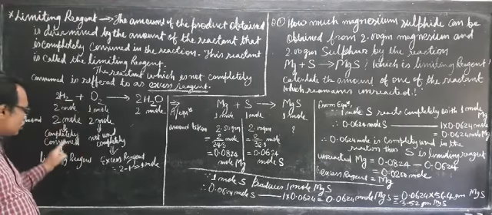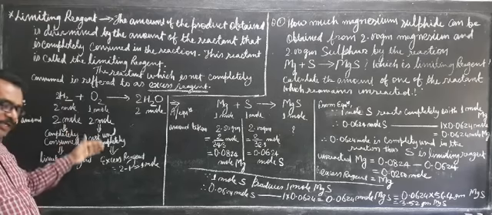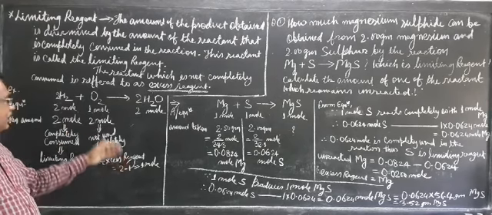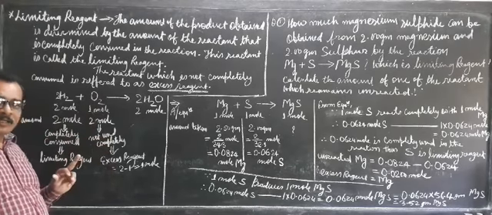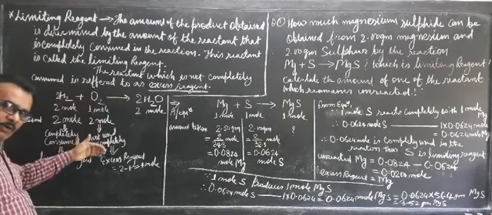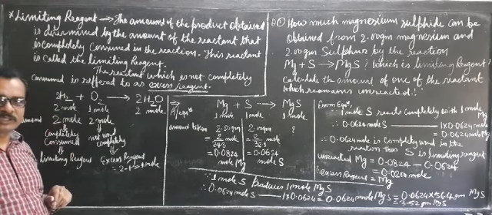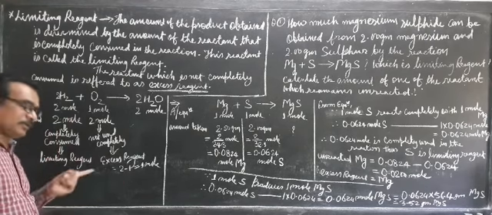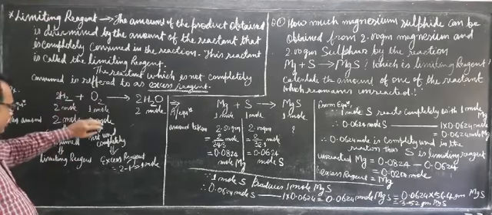This hydrogen stops the reaction because oxygen is already available. Still 1 mole of oxygen is available. But to react, oxygen still needs hydrogen. After consuming 1 mole of oxygen, there is no further hydrogen available to get consumed. 1 mole is already consumed, but 2 mole is available.